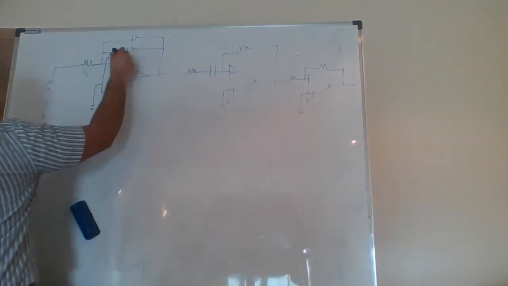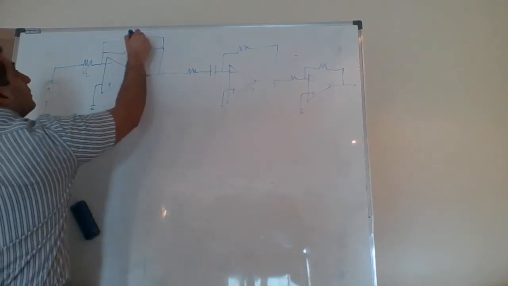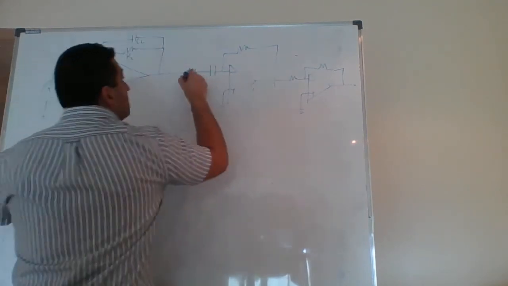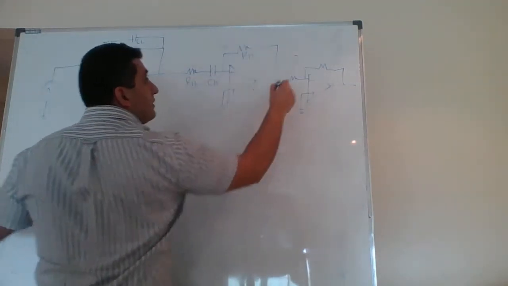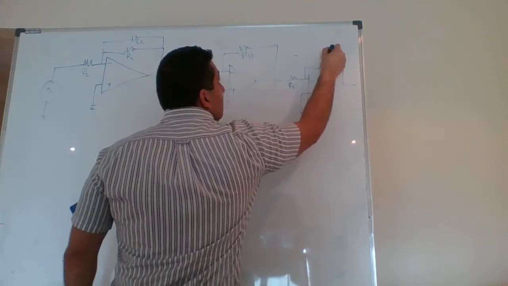This is R low, C low, this is RH, CH, and this is RI, and this is RF.